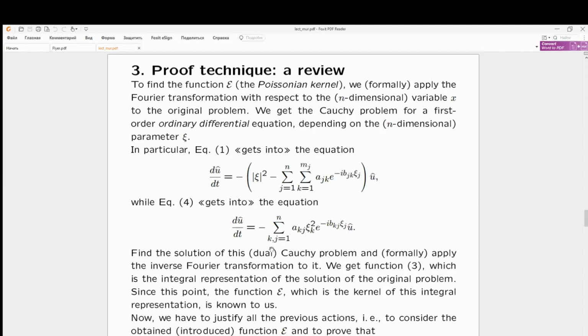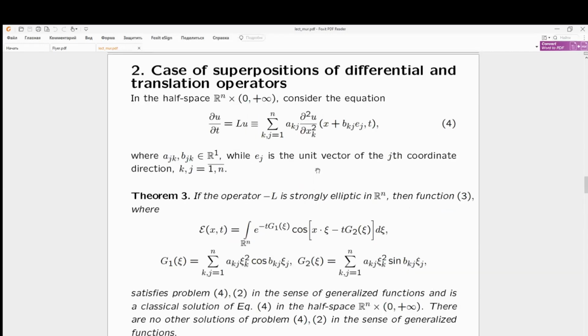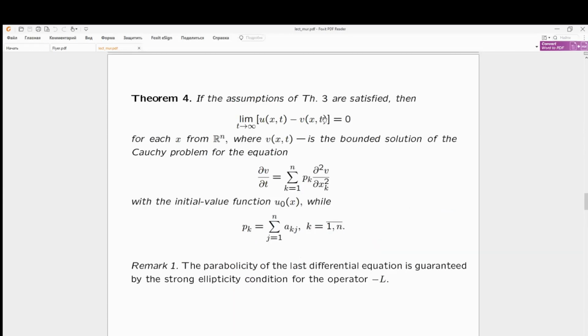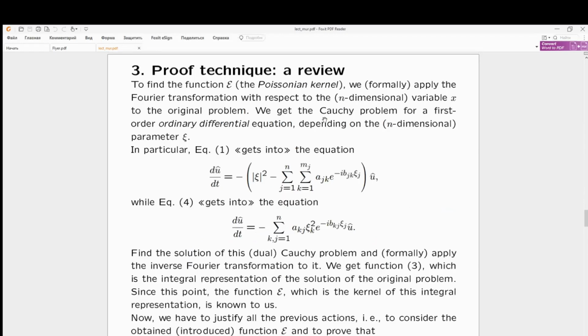And equation 4 gets into this ordinary differential equation. We can solve them. They are just ordinary differential equations with constant coefficients.